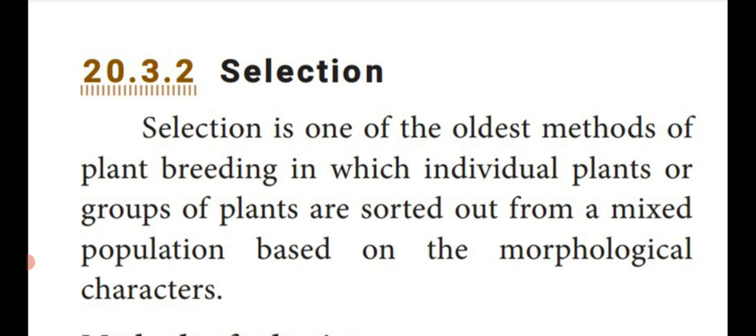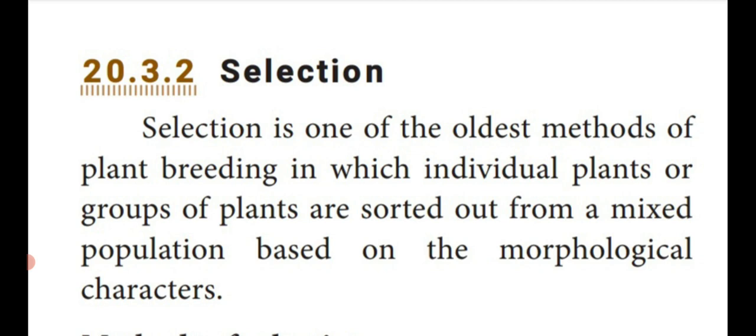Dear students, this can be explained with a simple example. You are all 10th standard students. In each and every class, different students are there. That is said to be population. From that population, we are able to segregate the rank holders by external character.